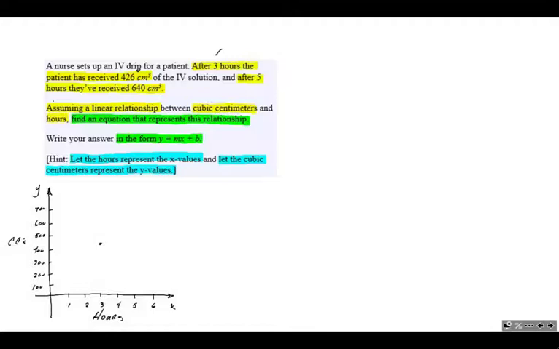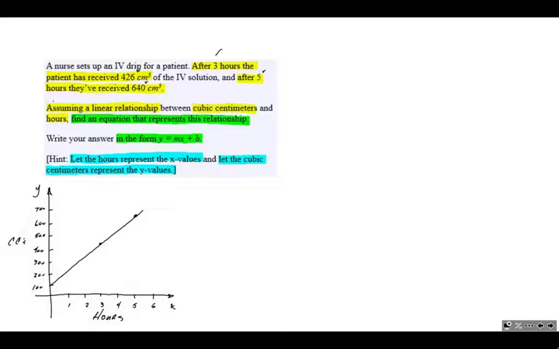And then after 5 hours, they've received 640 cc's. So let's come over to 5 hours and plot 640 cc's, maybe right about there. And then let's go ahead and draw a line that connects these 2 points. We might want to go ahead and label these 2 points.